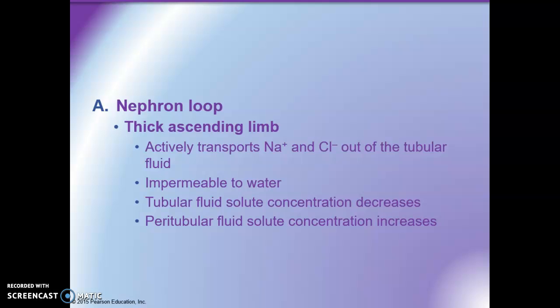The nephron loop has a thick ascending limb that actively transports sodium and chloride out of the tubular fluid. It's impermeable to water. Tubular fluid solute concentration decreases, and peritubular fluid solute concentration increases.